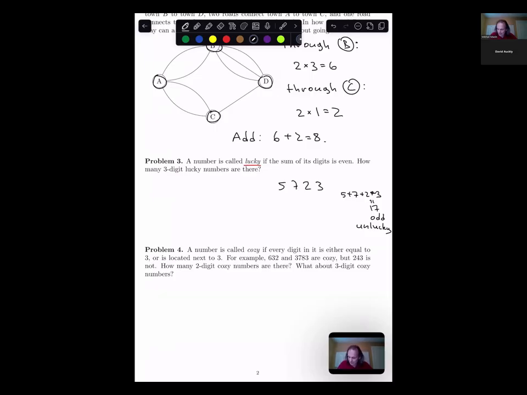Okay, so that was unlucky, but maybe if I take something else, say 5, 2, 3, that is lucky, right? That is a lucky number. So now the question is how many three-digit lucky numbers are there?